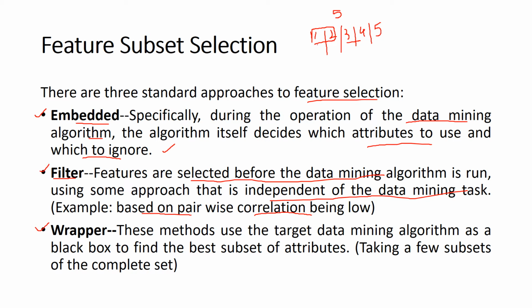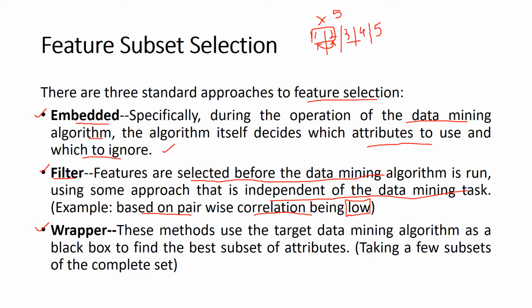In case the correlation between 1 and 2 is high, which means that these two are likely to be similar features, then instead of having two of them, we will have one. If the correlation between a pair is low, then both of them are going to be part of the subset of features that we select. So this is the way in which the filter approach is used for subset selection.